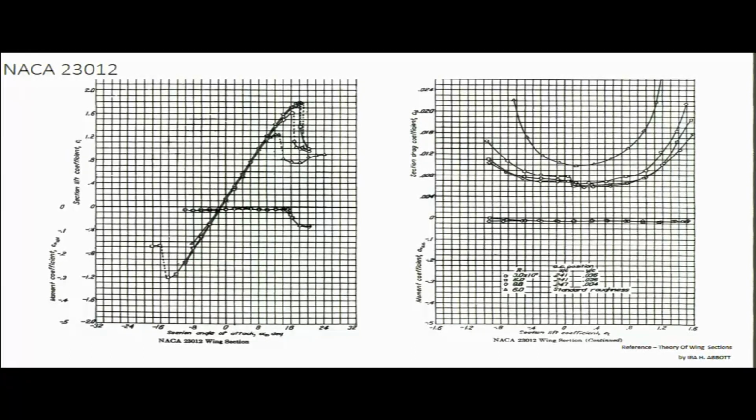The alpha stall in this case is about 15 degrees and CL max is 1.5, and Cm about aerodynamic center is minus 0.0125. This is data at 3 million Reynolds number, and CD naught is 0.007, and alpha at which CL becomes 0 is minus 2 degrees.